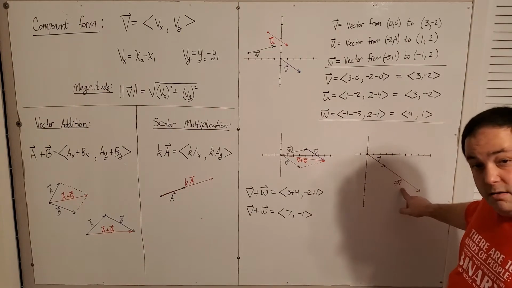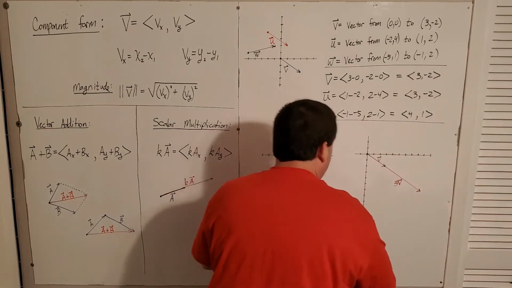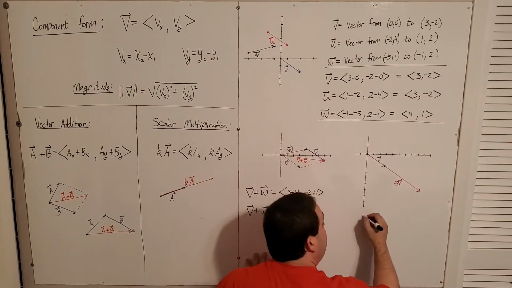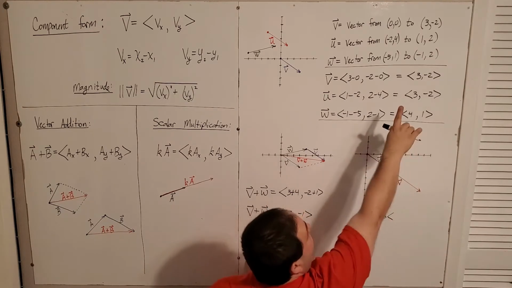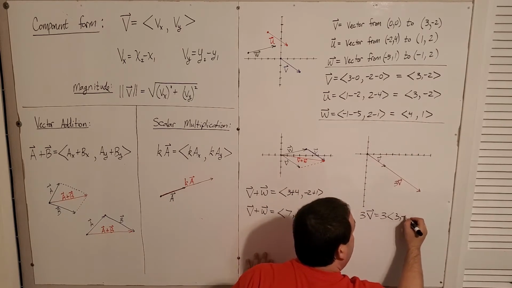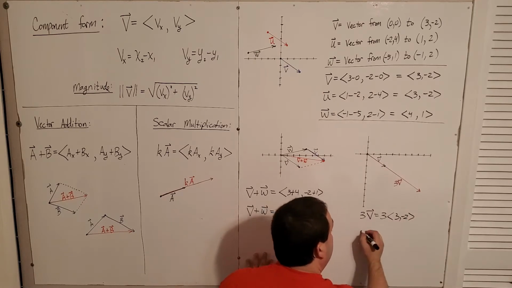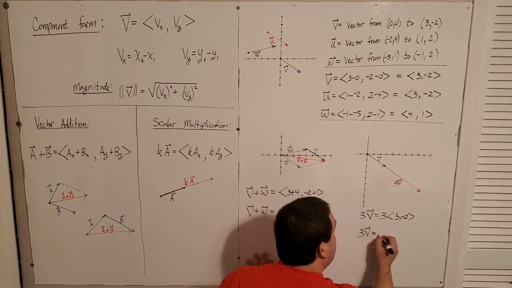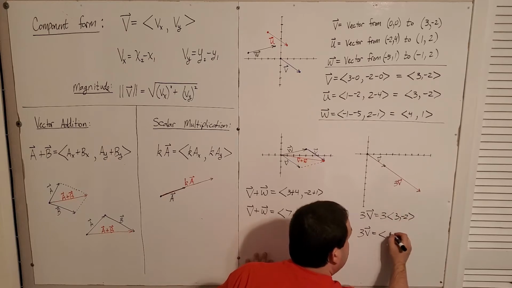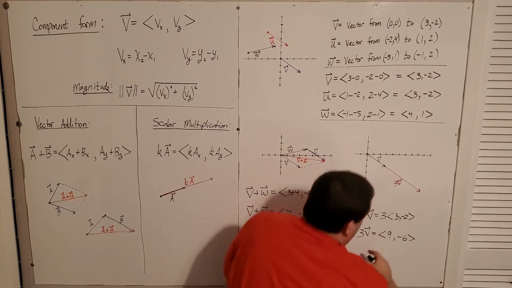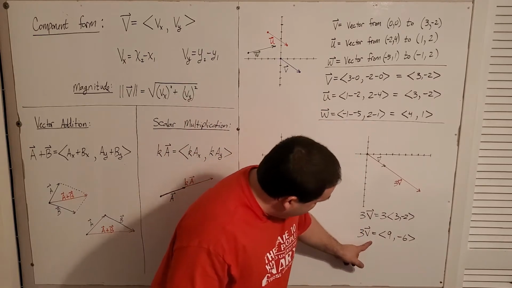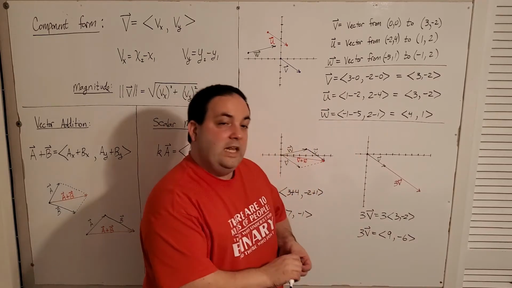So 3v is equal to 3 times the vector 3 comma negative 2. So 3v is equal to 3 times 3 is 9, 3 times negative 2 is negative 6. So 3v should be the vector 9, negative 6.